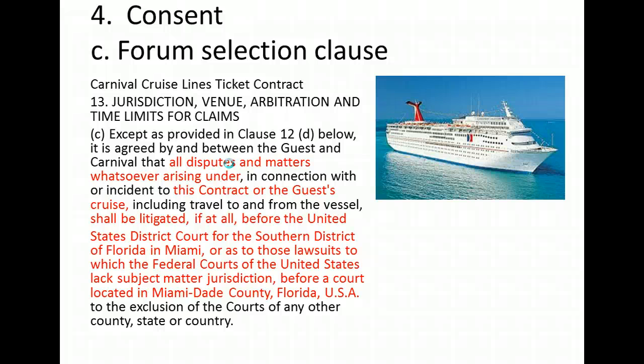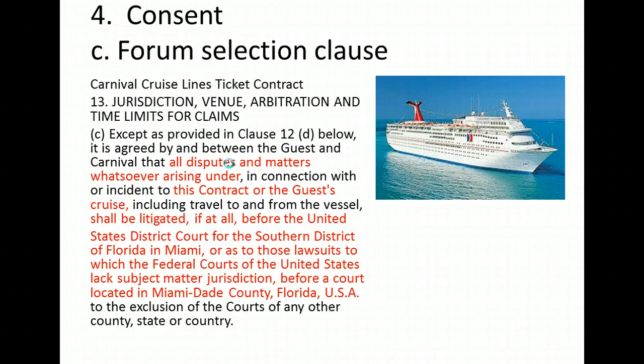which says, it is agreed by and between the Guest and Carnival that all disputes and matters whatsoever arising under this contract or the guest's cruise shall be litigated, if at all, before the United States District Court for the Southern District of Florida in Miami, or as to those lawsuits to which the federal courts of the United States lack subject matter jurisdiction, before a court located in Miami-Dade County, Florida.